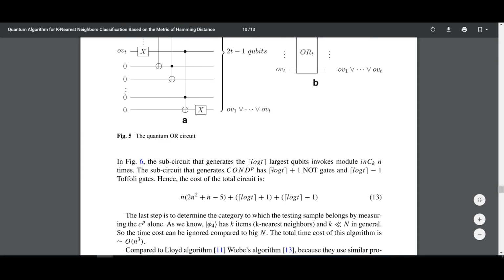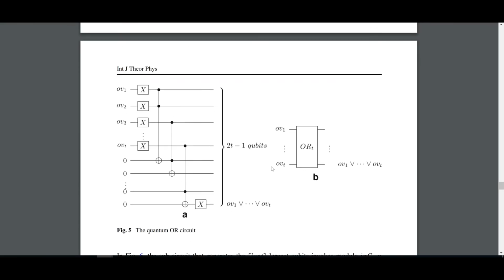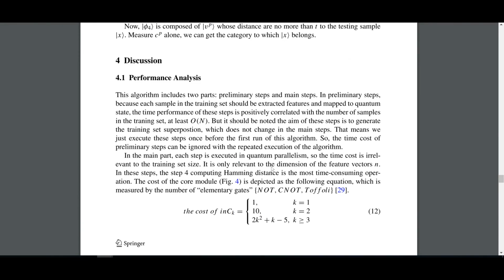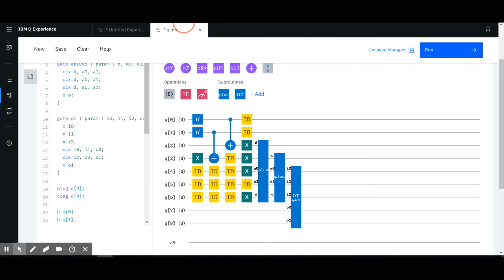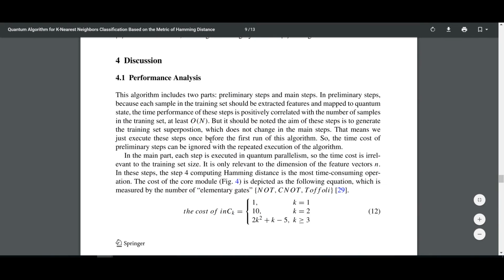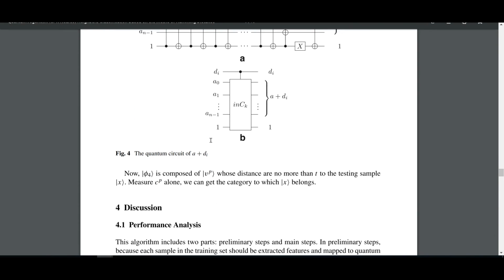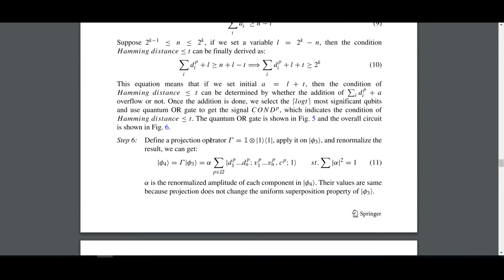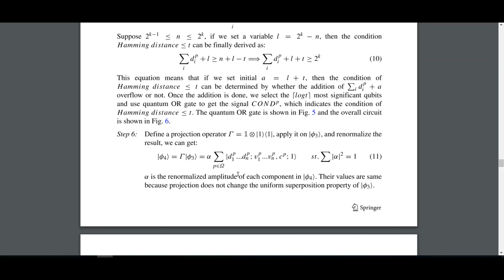What does it say here? So basically, there's still a, I'm not so sure if that's it though. Then there is step 6: define a projection operator, apply it on, and renormalize the result. We can get this with probability 1.